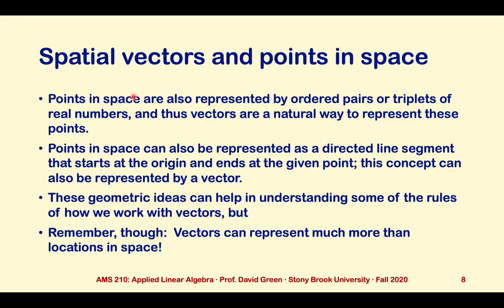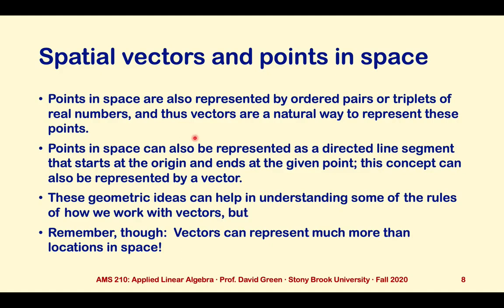Points in space, that is points on a two-dimensional or three-dimensional coordinate system, are represented by ordered pairs or triplets of numbers. And so vectors are a natural way to represent these. Points in space can be represented simply as a point.